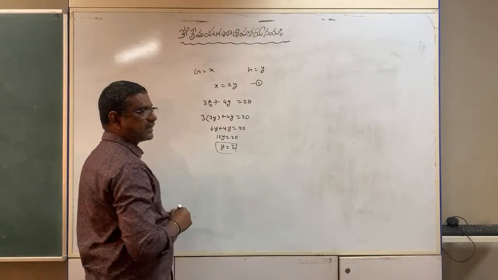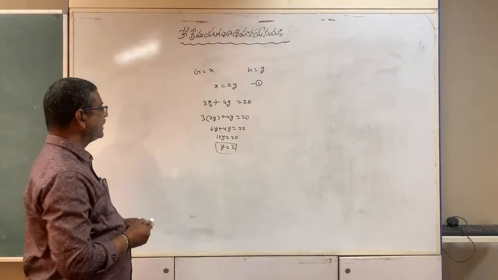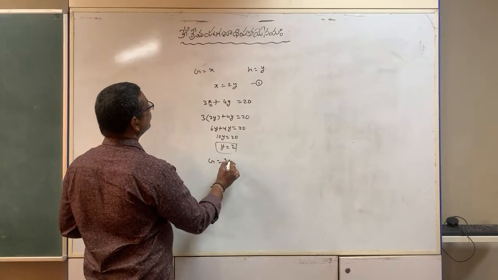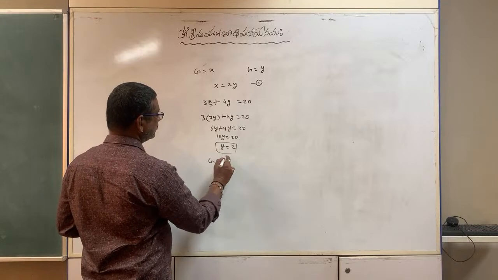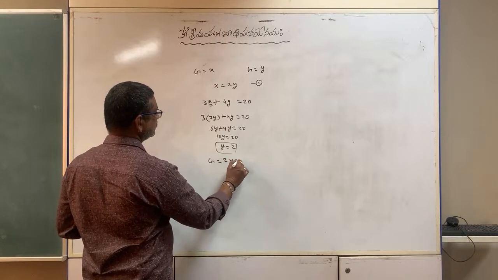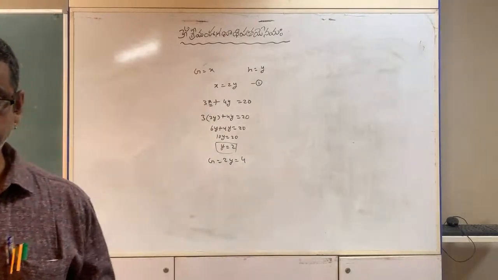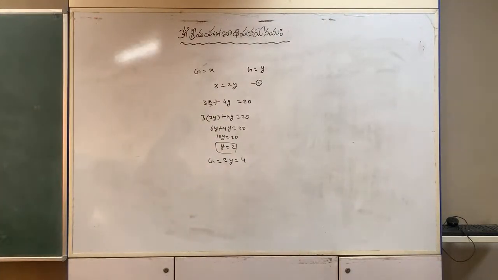So she played hoopla 2 times. x is 2y, 2 into 2 is 4, so giant wheel 4 times, hoopla 2 times.